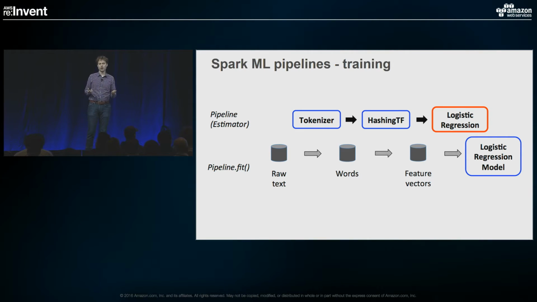But building these pipelines and saving them is also easy. As I brought up before, there's the Spark ML pipelines API, where you can take a flow like this and save it, where you might start out with raw text. You're going to use the tokenizer to chop it up into words, then create your feature vectors, and then choose one of many models, in this case, in this diagram, logistic regression, and then fit that model, and then you have the fitted model.